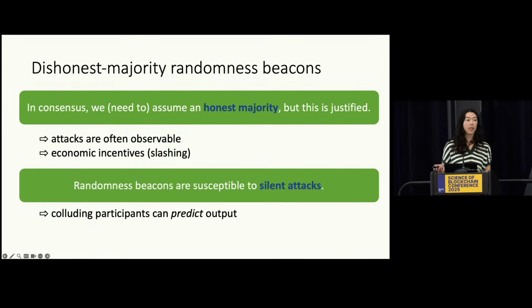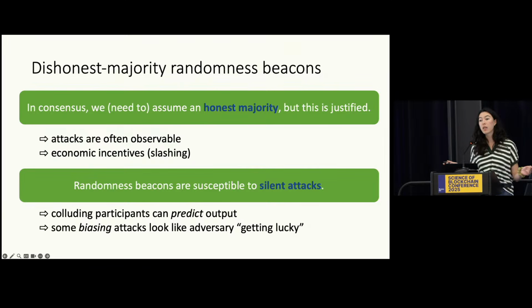So this kind of attack is entirely unobservable. And some attacks where you actually bias the protocol simply look like the adversary got lucky. So, if they win on-chain poker an unusual number of times, for a while it just appears that they're getting very lucky. So it's hard to set a threshold and say that this is definitely adversarial behavior.